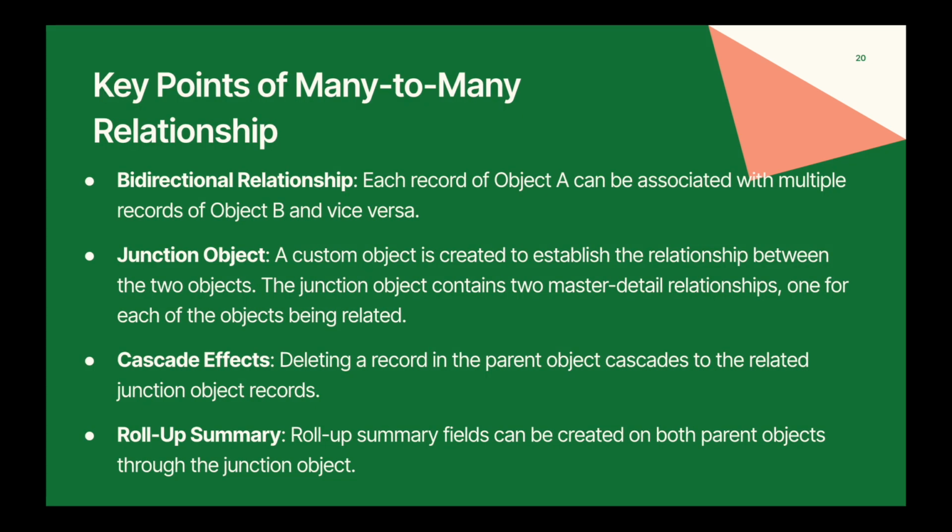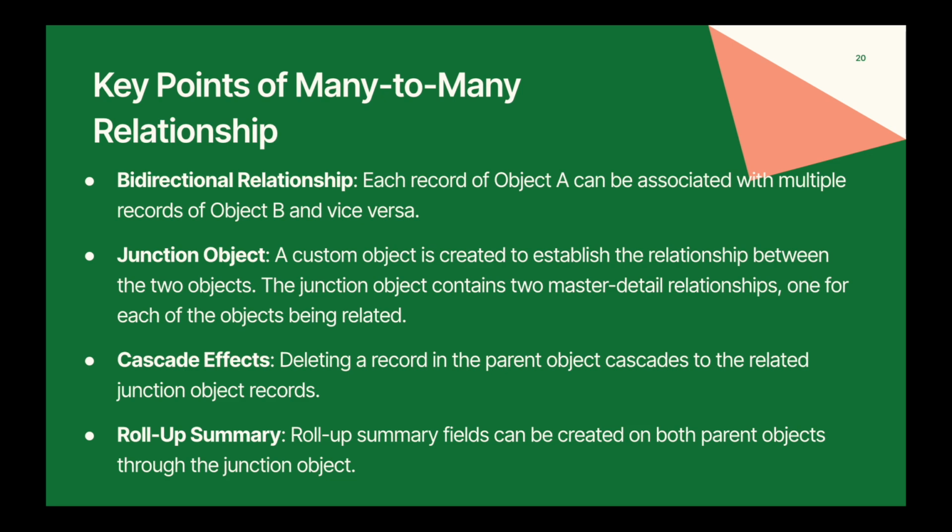Then what are the key points of many to many relationship? First is bidirectional relationship. That is, each record of object A can be associated with multiple records of object B and vice versa, like I just said, multiple records of an object can be associated with multiple records of the other object. Second point is junction object.